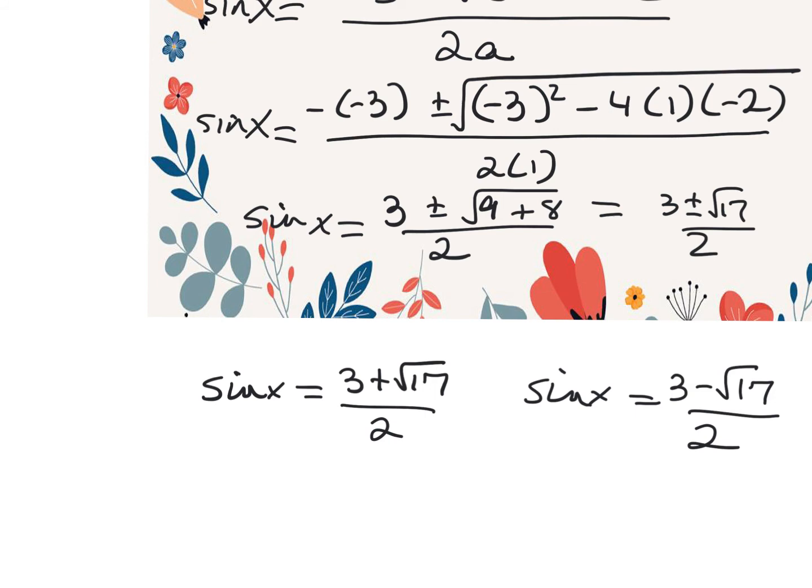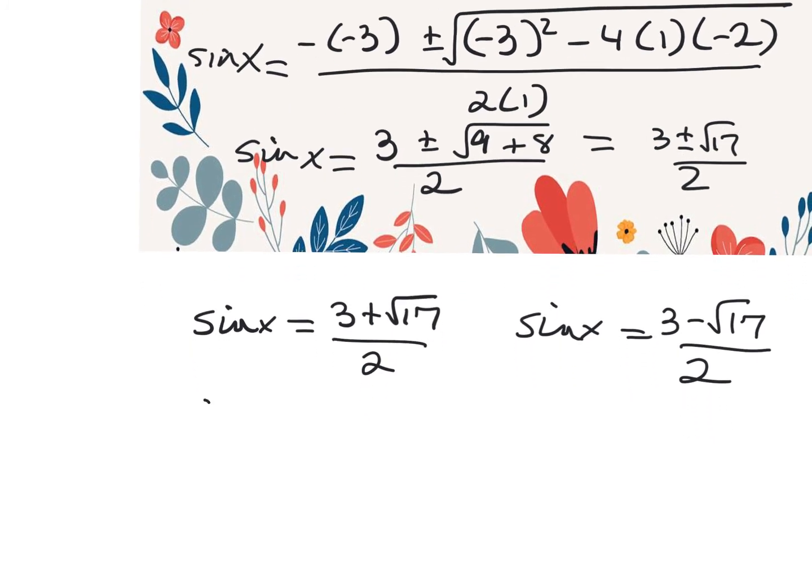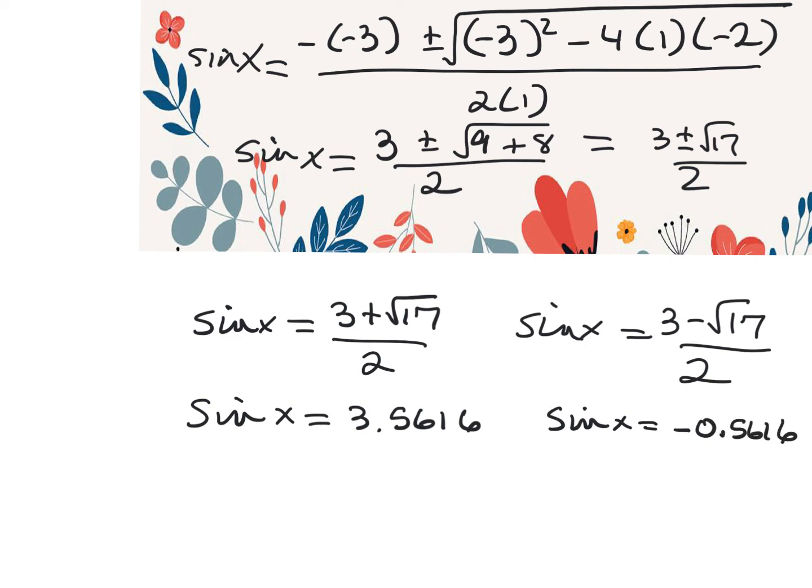Now I'm going to actually do the math here on my calculator. I'm going to add 3 plus the square root of 17 divided by 2. Once I do that on my calculator, I end up getting 3.5616. And over here, I get negative 0.5616.